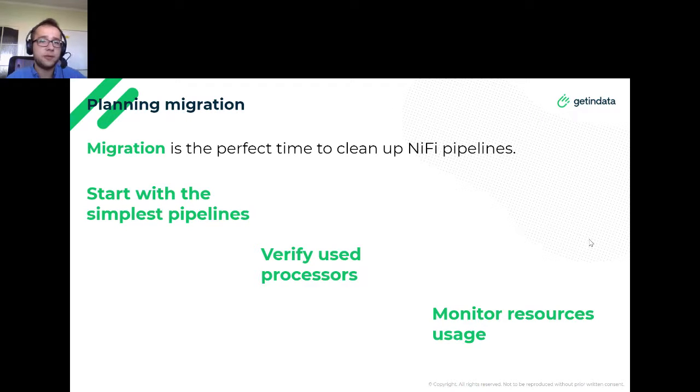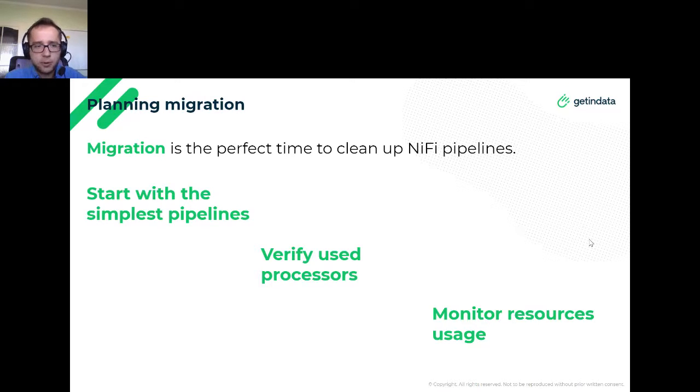Because in each version of NiFi there appear a lot of great enhancements, and it's an example of an open source tool that is developed all the time with high quality, and it's great that you can always see the release notes with a great number of enhancements, improvements, and new features that all the committers add to Apache NiFi. So if you have an older cluster, like for example NiFi 1.7 or 1.9, when you upgrade to the latest 1.14, then you can also explore new opportunities for your pipelines.